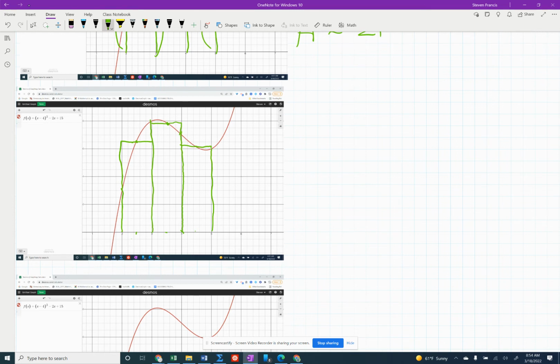What did I do to get the height of the first one? I went to the midpoint. The midpoint's 2.5. Now, just to make sure we can do this in other situations where it's a little bit more complicated, let's recall x sub 0 is 2 for this example, x sub 1 is 3, x sub 2 is 4, and x sub 3 is 5.